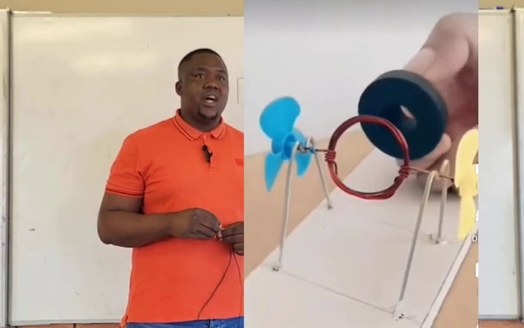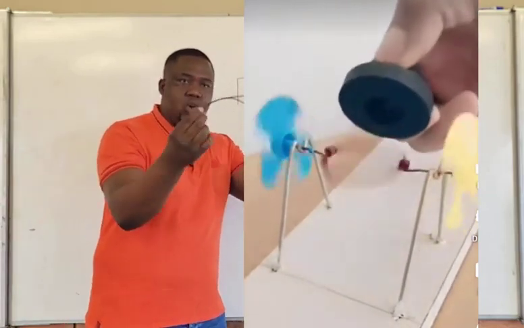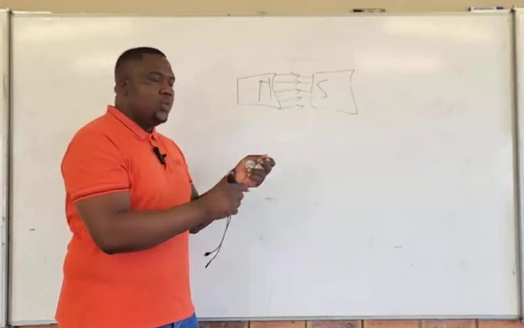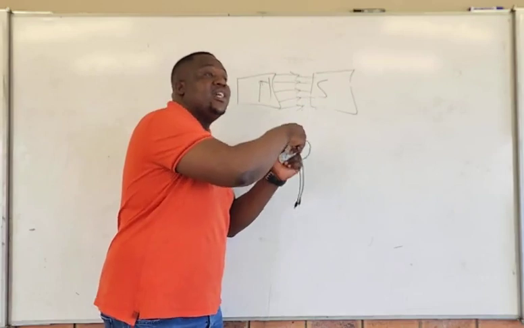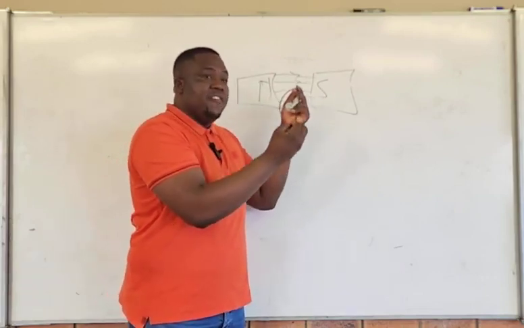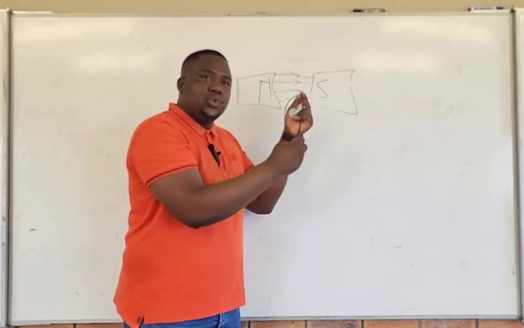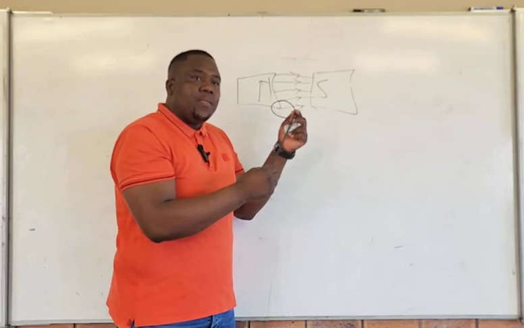This thing you can even try at home. You have an electrical cord, a coil, a loop. You move it in between two magnets, and a certain voltage will start to exist.